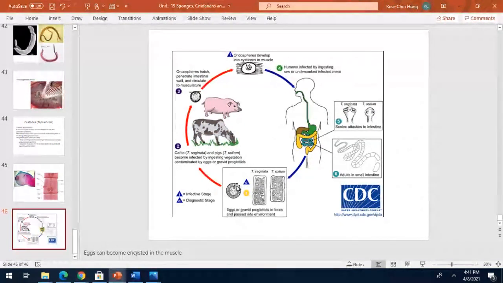So for instance, let's say somebody takes a crap out in the field in a pasture, and it's on the grass, and the pigs or the cows that eat the grass eat this grass with the feces that's infected with these gravid proglottids.